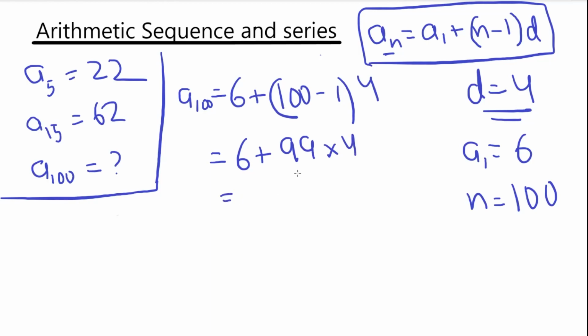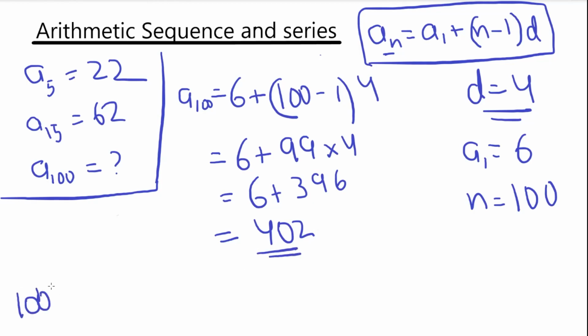So 99 multiplied by 4, if we put it in the calculator, gives 396. So 6 plus 396 gives a sum of 402, which is the 100th term. So the 100th term of this sequence is 402.